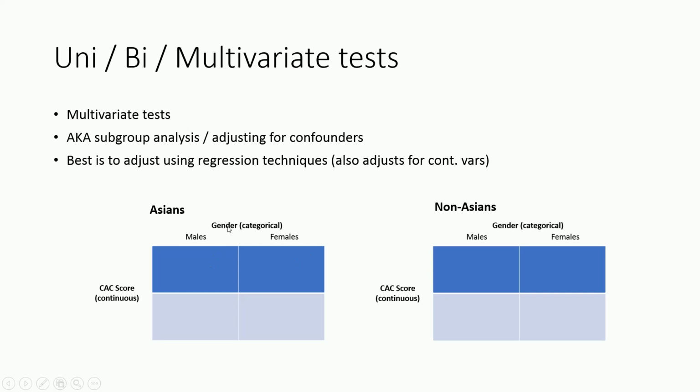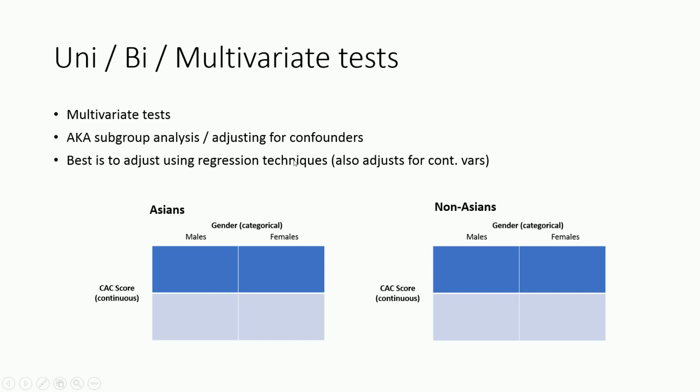We have analyzed CSE score across gender, and we have adjusted this for the race. So this is basically called adjusting for a specific variable or confounder. So in this case, for example, Asians or non-Asians, which is the race variable, was a confounder. So how we would adjust for this confounder is by actually making two tables independently or running two analyses separately, and then seeing whether the results of these two analyses were the same or not.